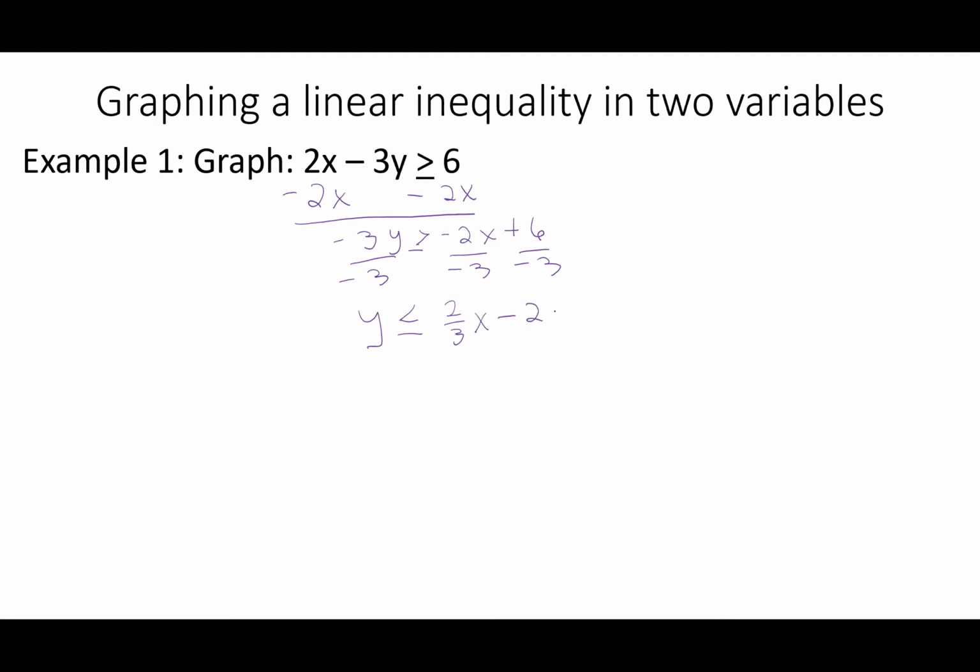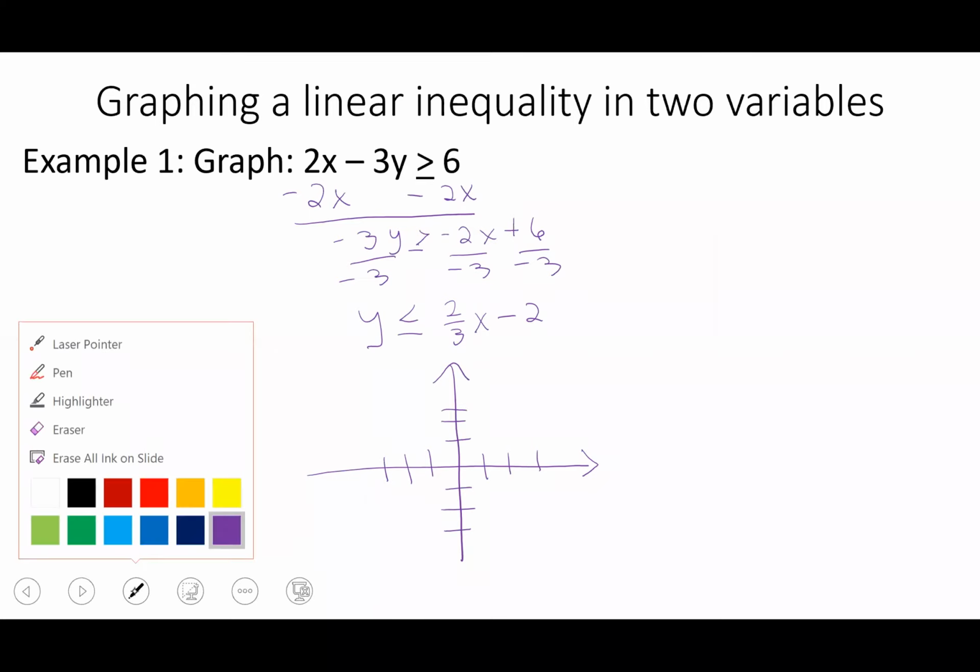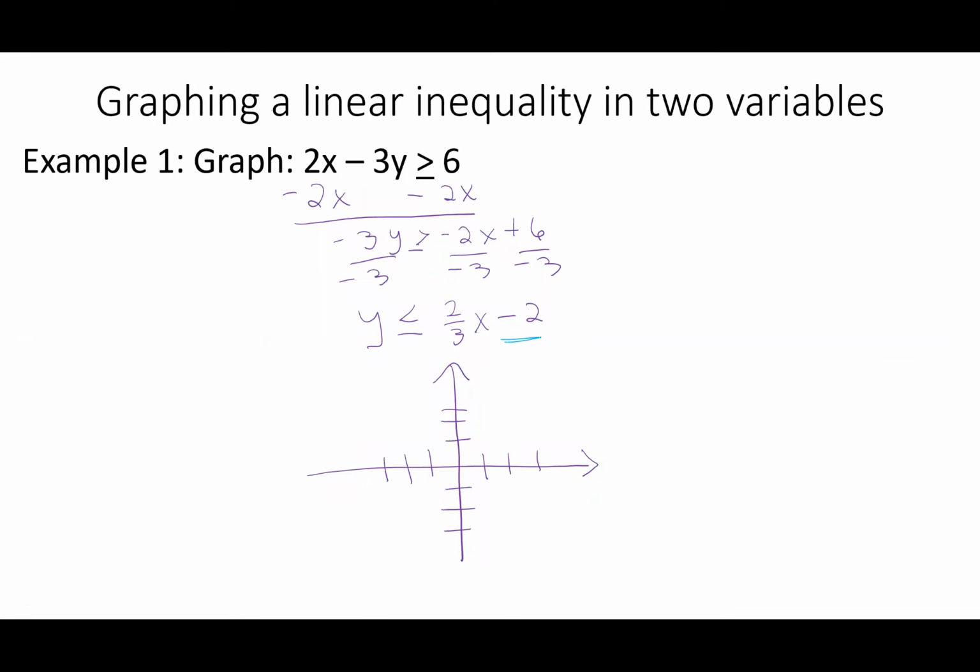Once you've solved for y, you're going to graph it. If you think back to when we graphed lines, the number here that is added or subtracted is your y-intercept, or where it crosses the y-axis.